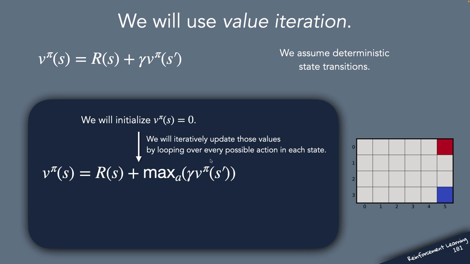In each state, we loop over all 4 actions and update the value function for that state to whichever action maximizes the value of the next state. And this procedure is guaranteed to converge as long as the discount factor gamma is less than 1.